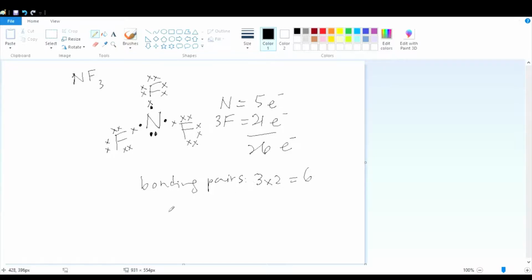Okay. And the lone pairs, do you remember what lone pairs are? They are the ones that are not involved in bonding. So each fluorine atom would have 3 lone pairs. 3 times 3 is 9.